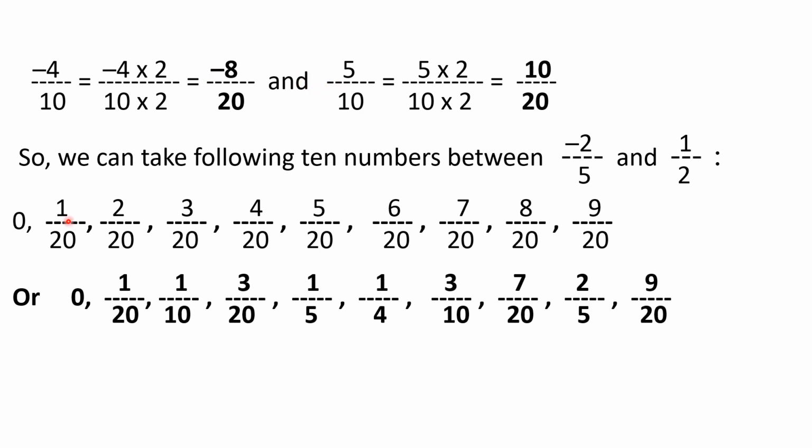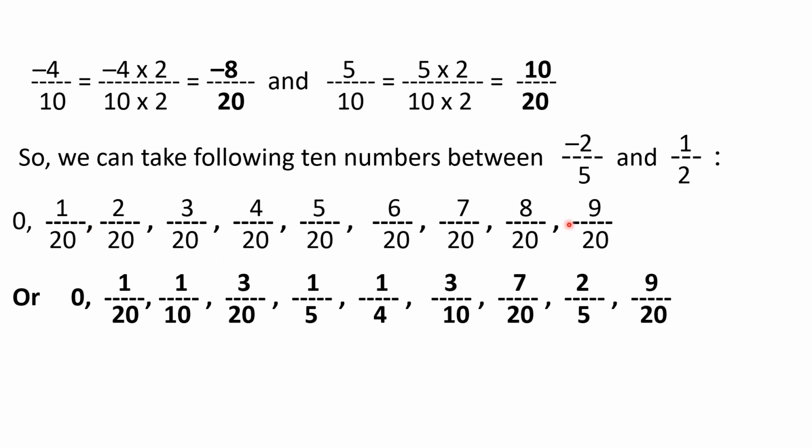So I start with 0, then 1 by 20, 2 by 20, 3 by 20, 4 by 20, 5 by 20, 6 by 20, 7 by 20, 8 by 20, 9 by 20. So 0 to 9 is already 10 numbers and I have not exceeded the limit. You see, 10 is greater than 9. So 9 by 20 lies to the left of 10 by 20. It means all these 10 numbers are lying between these two numbers.